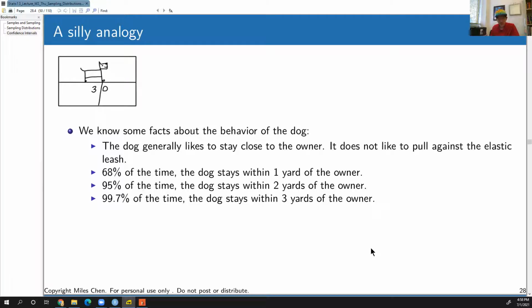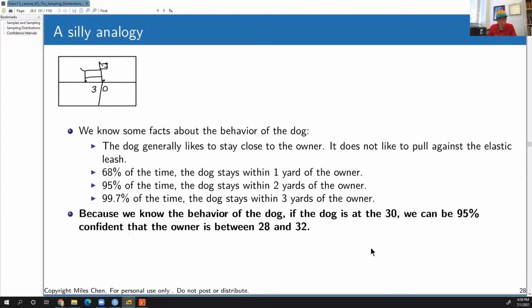All right, so based on this, what can we say about the location of the owner, right? Because we understand the behavior of the dog, if we see the dog at the 30 on the football field, we can be 95% confident that the owner is between 28 and 32.